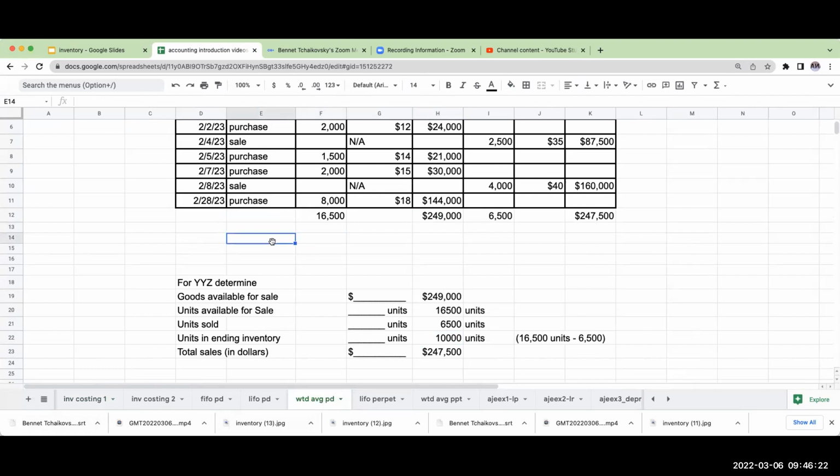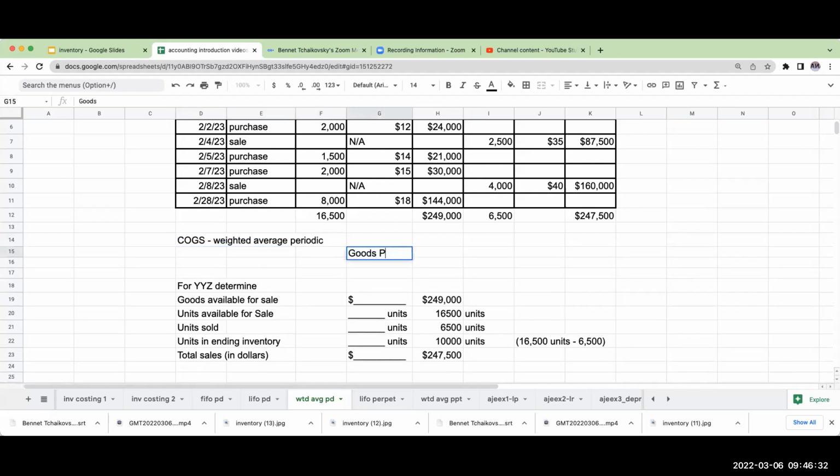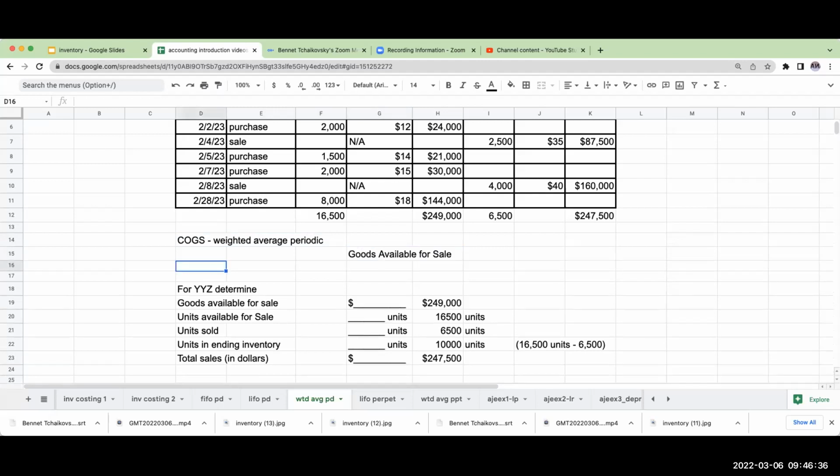So, cost of goods sold under weighted average periodic. I'm going to take my goods available for sale and divide this by my units available for sale.